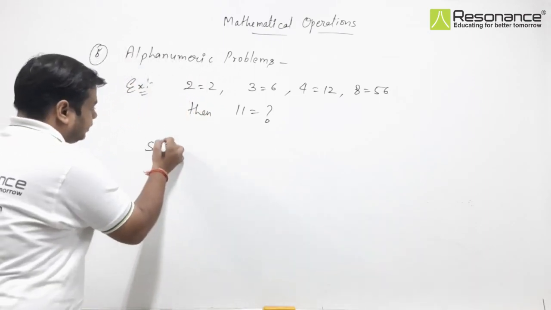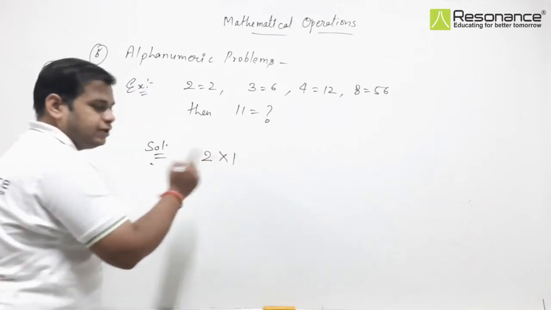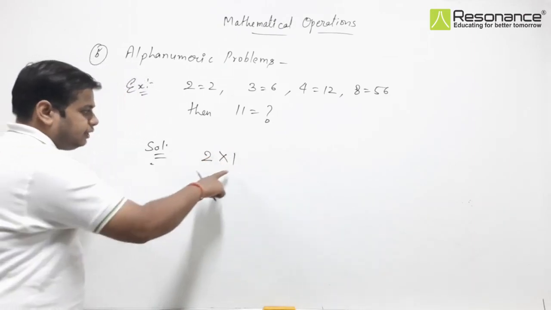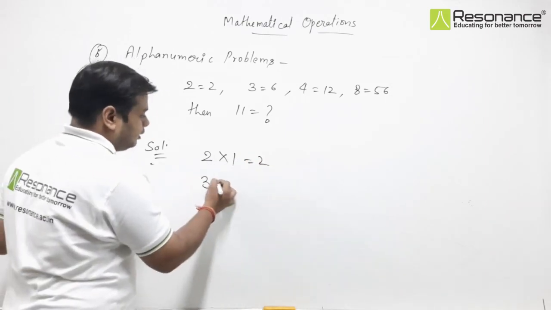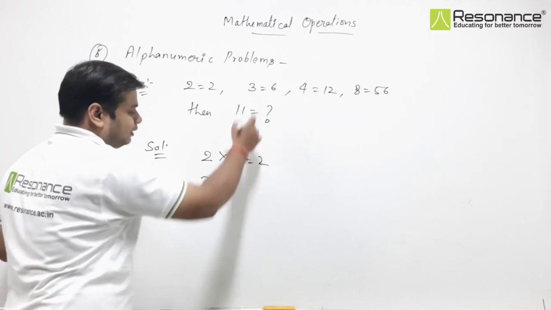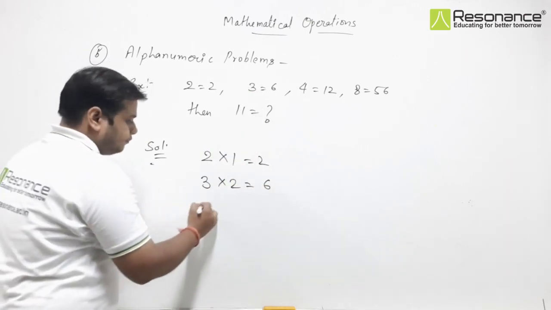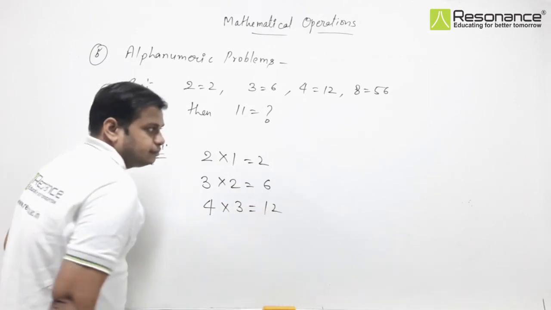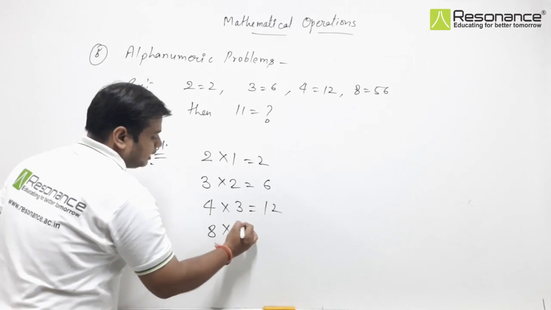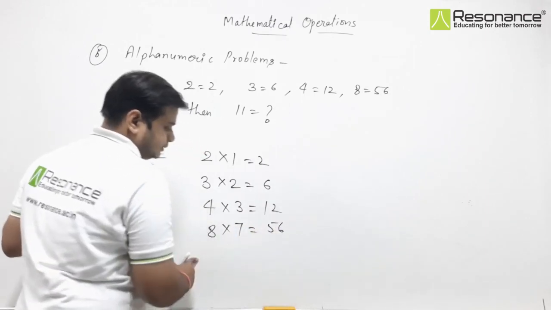We can see that if 2 is multiplied by its preceding number, it will give us 2. When 3 is multiplied by its preceding number 2, it will give us 6. When 4 is multiplied by its preceding number, it will give us 12. 8 multiplied by its preceding number will give us 56.